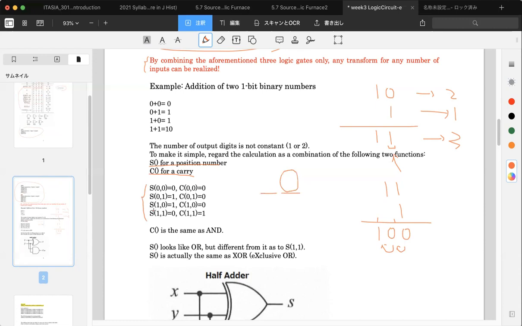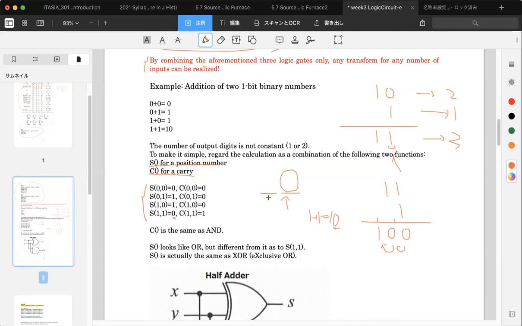And if it's 1 0, still it's 1 because it's 1 plus 0. But when it's 1 1, because it's 1 plus 1, in binary calculation, here is 0. Sorry, so we get a 0. Yeah, that's the calculation system for position numbers.